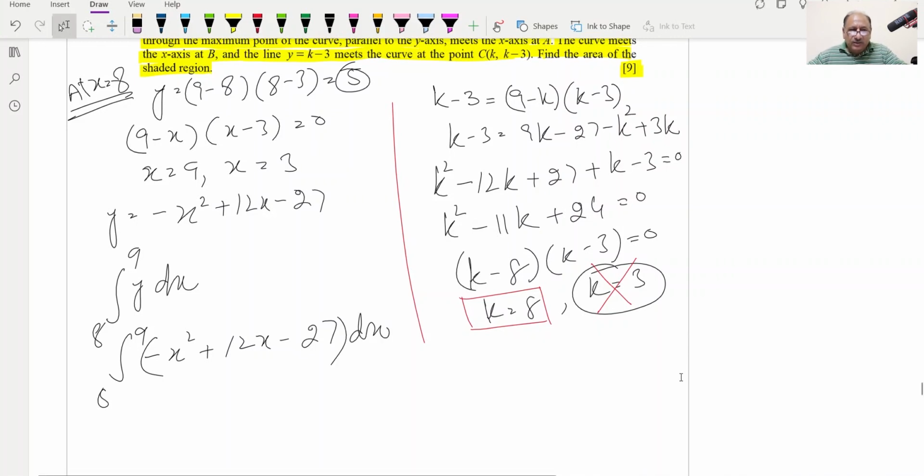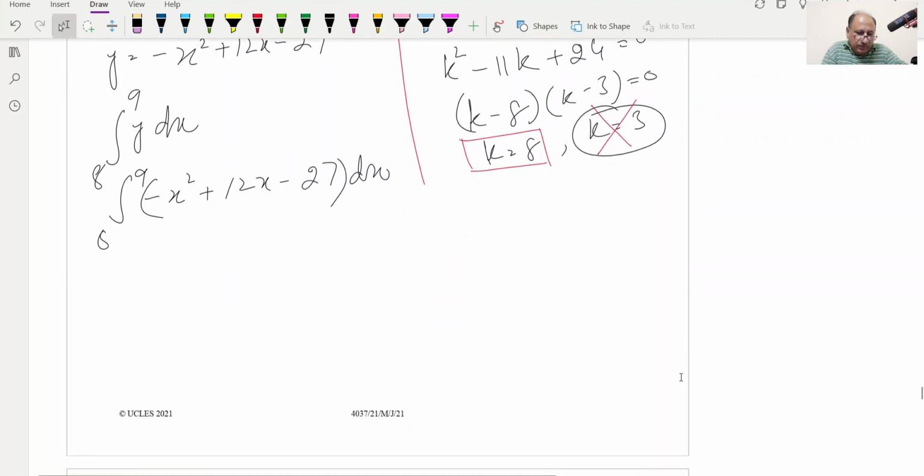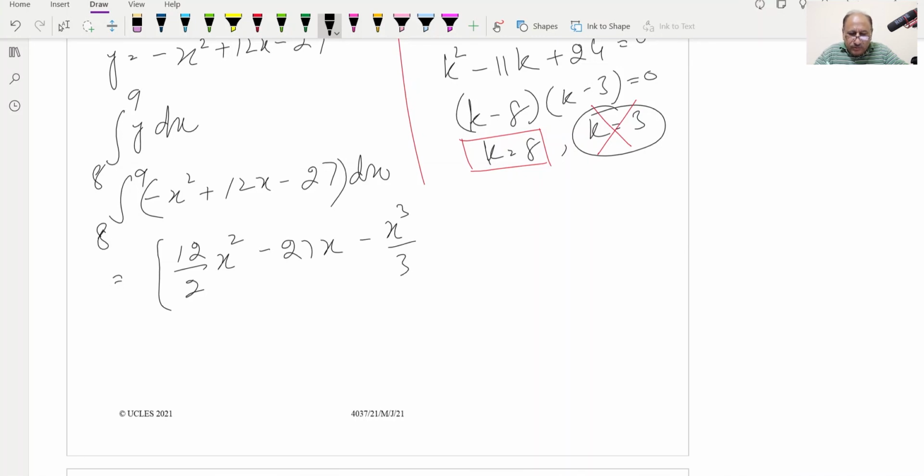Now if we integrate this, from 8 to 9, what will we be getting? I will write first for the positive terms, so it will be 12 by 2 x squared, then minus 27x, and the integral of minus x squared will be minus x cubed over 3, from 8 to 9.